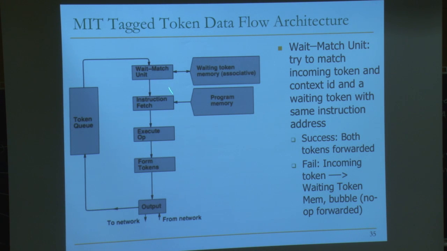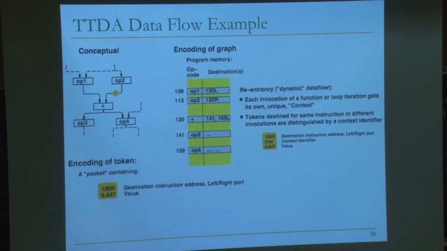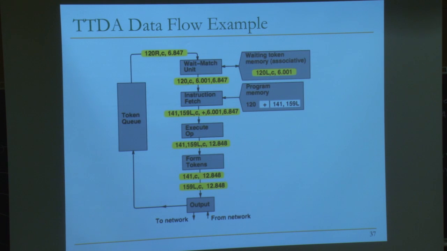If there's success, both tokens are forwarded, the instruction is fetched from program memory, and the instruction is executed. If there is a fail, the incoming token is placed into the waiting token memory. And the instruction is not forwarded in that case. So you have a bubble. And I think I'll leave the examination of this for you. But basically, what I described in pictorial terms is in those slides.